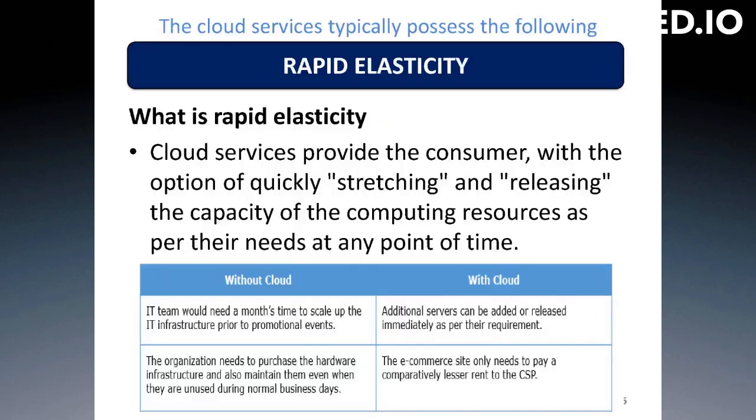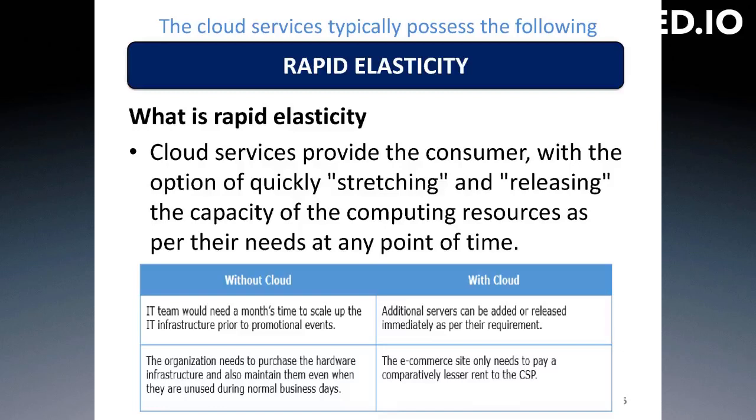Then let us see what rapid elasticity means. Cloud services provide the consumer with the option of quickly stretching and releasing the capacity of computing resources as per their needs at any point of time.